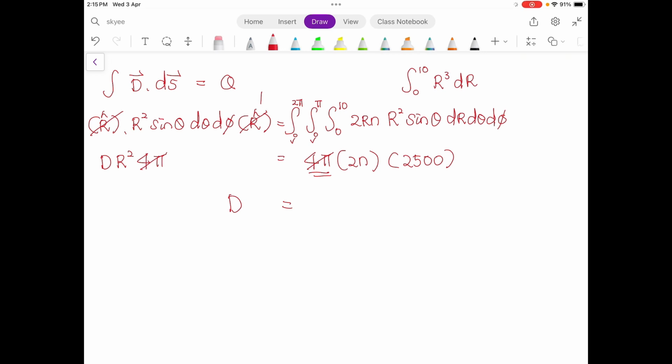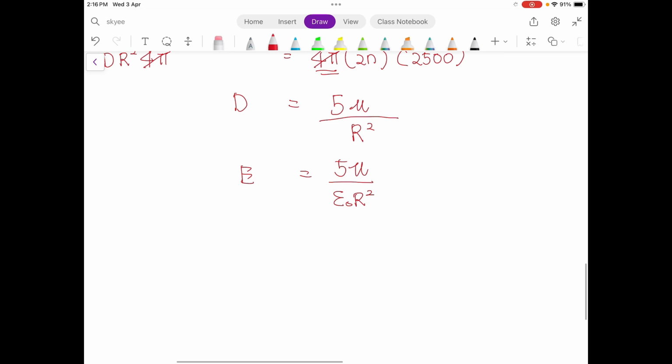It will be 2 nano multiplied by 2,500, so you get 5 micro, divided by r squared. Your E will become 5 micro divided by epsilon naught r squared. If you want to put the direction, you can. So when R is equal to 12, you replace with 12 squared.